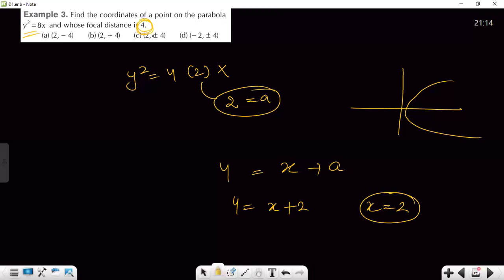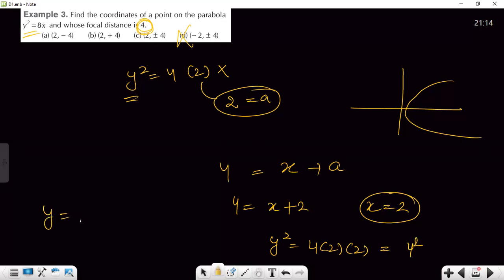So option D cannot be our answer. Now this point is also lying on the parabola, so we can find y now. y square is equal to 4 into 2 into x, which is 2. So this has become 4 into 4, that is 4 square.